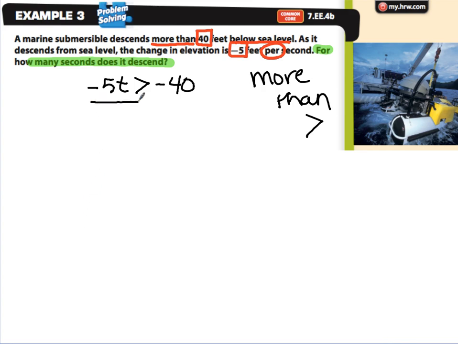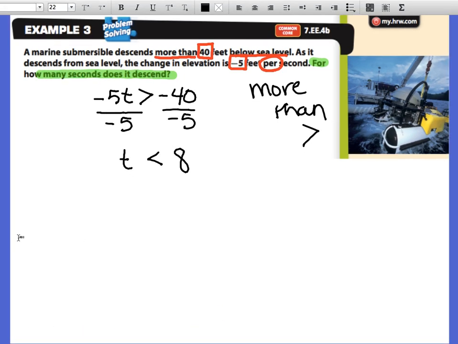So we're going to divide both sides by -5. So t, and then I have -40 divided by -5 is 8. So my sign has to flip. So the time has to be greater than 8 seconds. Okay, so what this means is, that doesn't mean that it descended for 8 seconds.